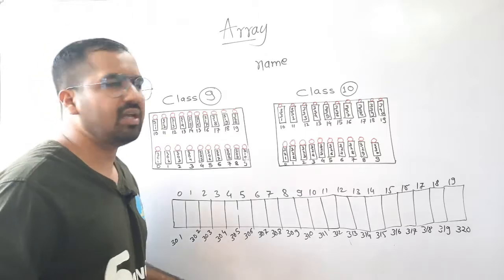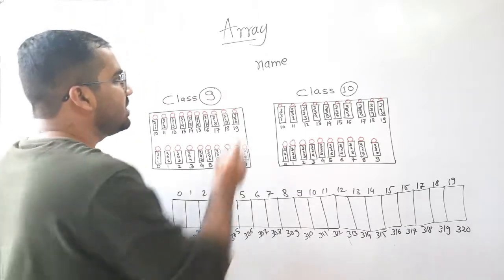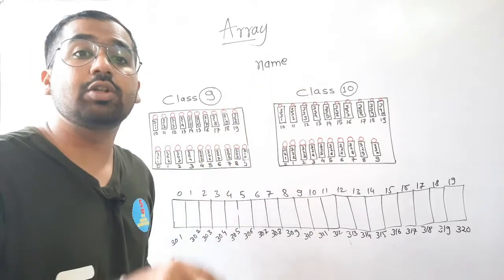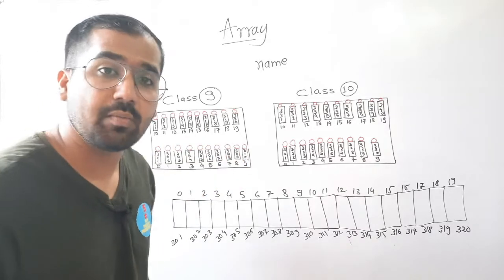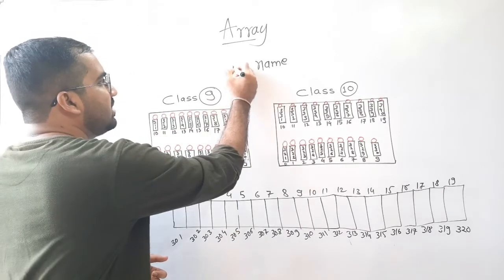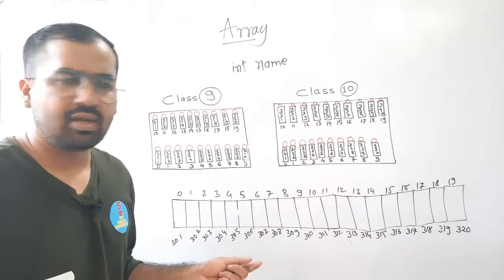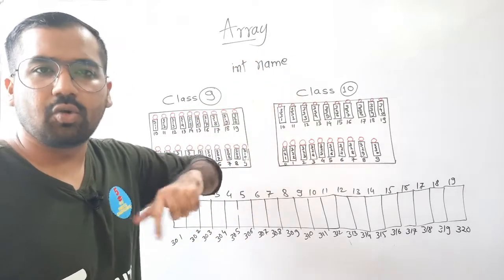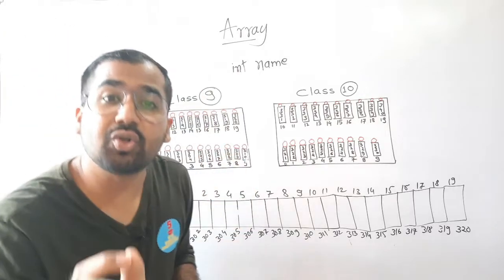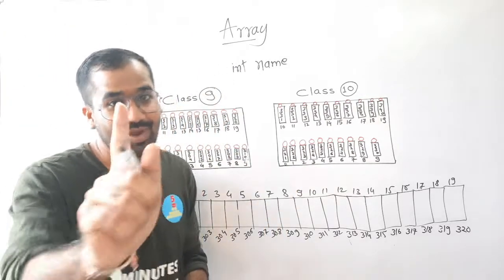The next thing is that in many programming languages, just the name is not sufficient. You also have to mention the type. Let's say integer, character, boolean. It can be any data type that you can store in the array, but it should be of the same type. That you have to remember.